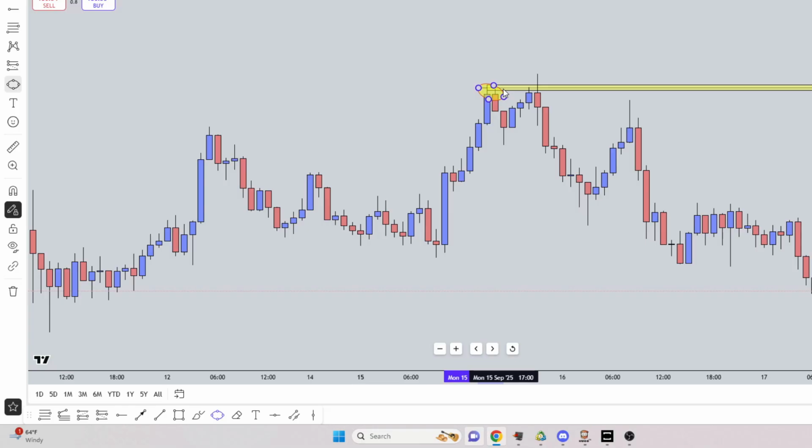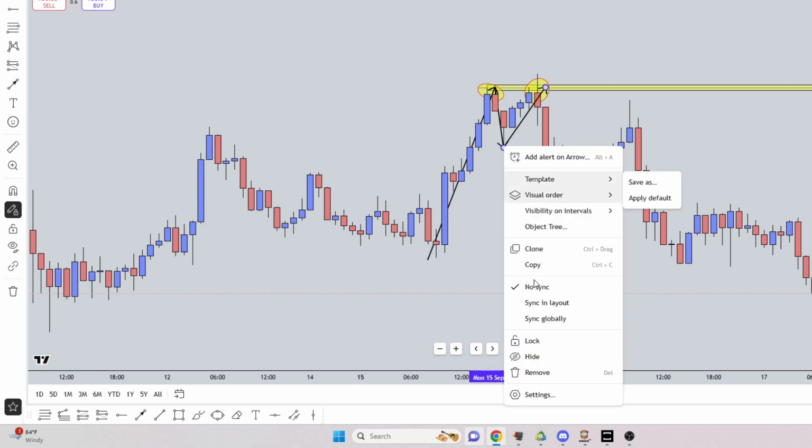This being the first touch of the resistance, this being the second touch of the resistance, a double top. The market had a strong impulsive move to that price, could not break above, had a minor correction. When it came back to test again, it was like, the grass is not greener on the other side. You know what? I'm good. Let me come back down here and let me continue to sell. It could not break above that level of price.